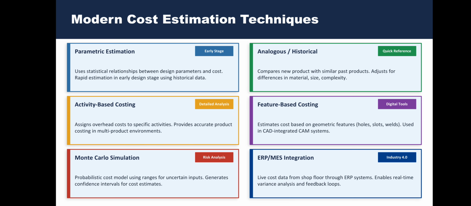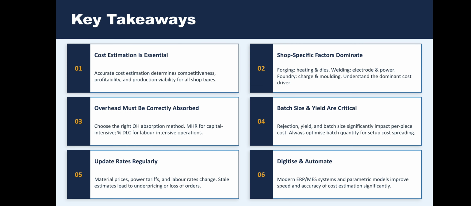These are modern cost estimation techniques to find the technical values of the different means of production. Key takeaways: cost estimation is essential, overhead must be correctly absorbed, update rates regularly, shop specific factors dominate, batch size and yield are critical, digitize and automate. These are the key takeaways for process planning and estimating the cost of different manufacturing processes.